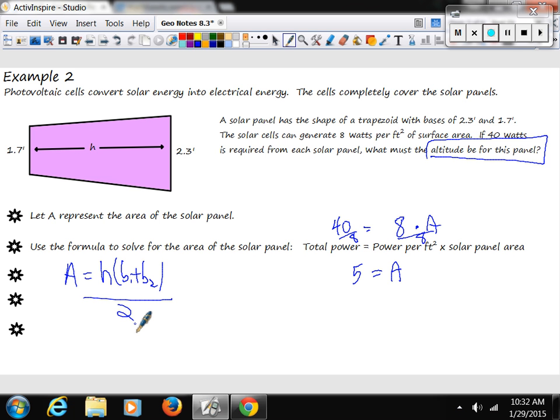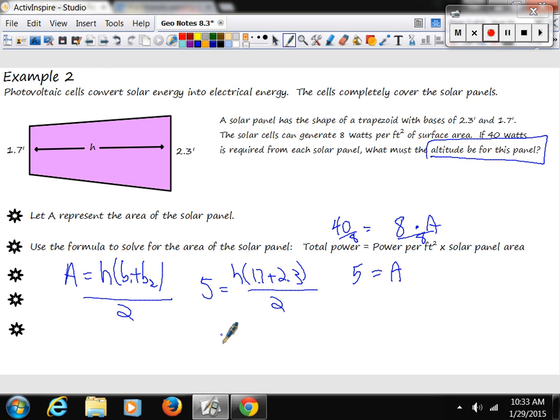I know B1, that's the 1.7. I used the smaller one for B1. I know B2, that's 2.3. The only thing I don't know is the H. So I'm going to put in 5 equals H times 1.7 plus 2.3 all over 2.